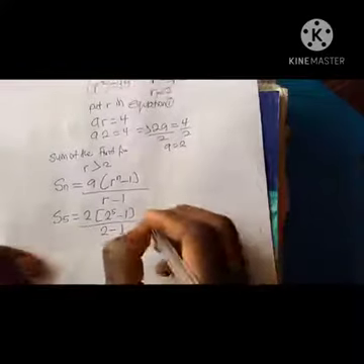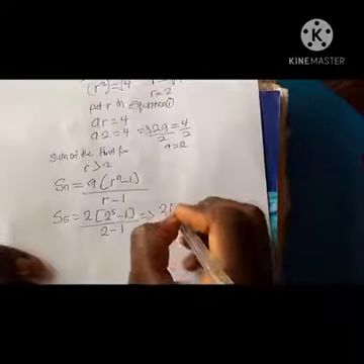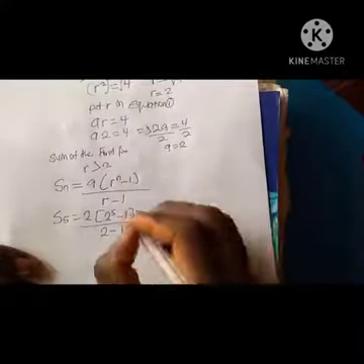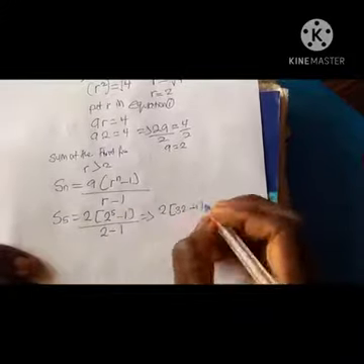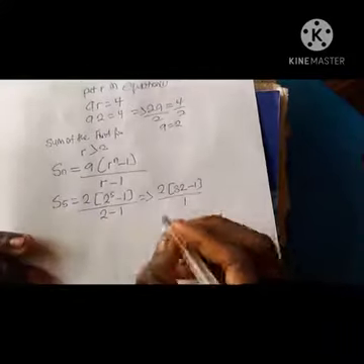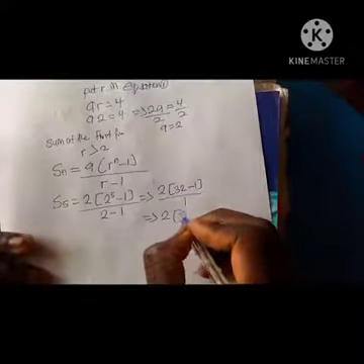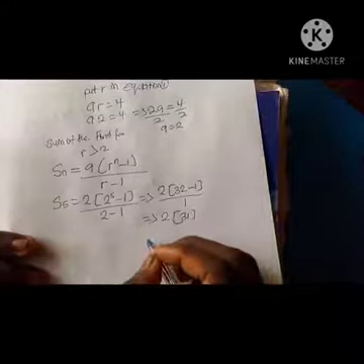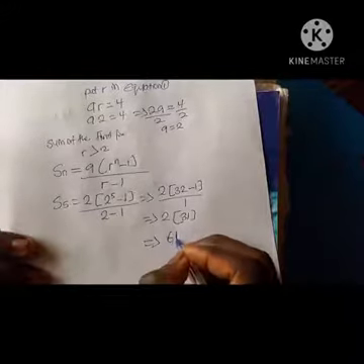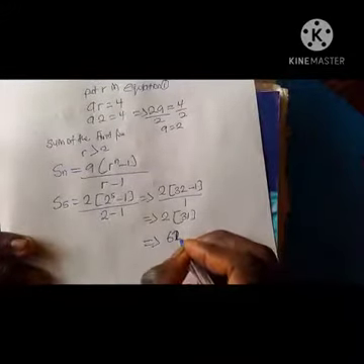When you do this, 2 into bracket 32, since 2 raised to the power of 5 is 32, minus 1. Then the denominator is 1. So we are having 2 into bracket 31, and this gives us 62.